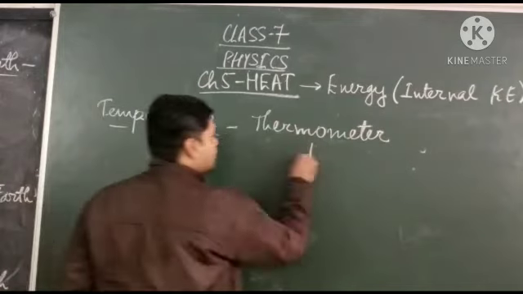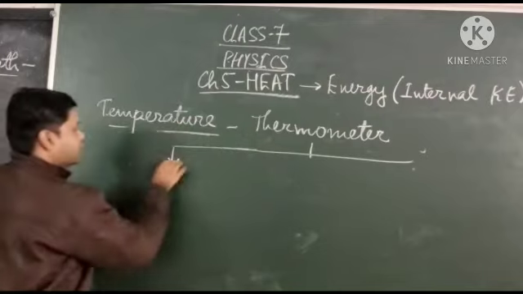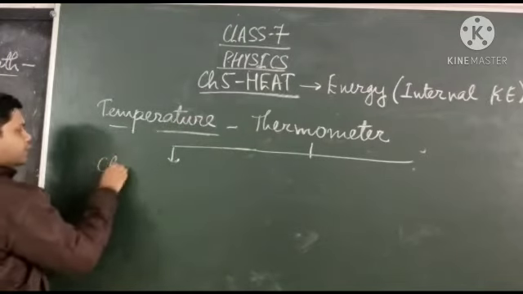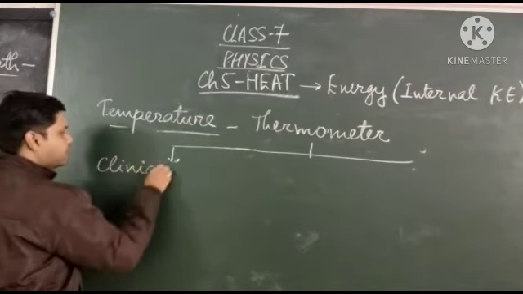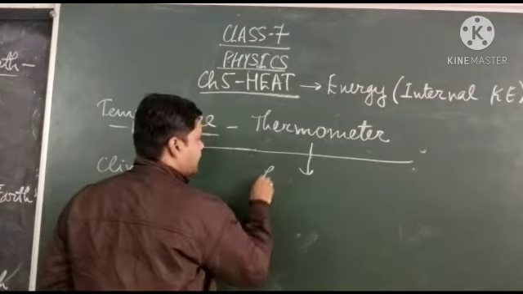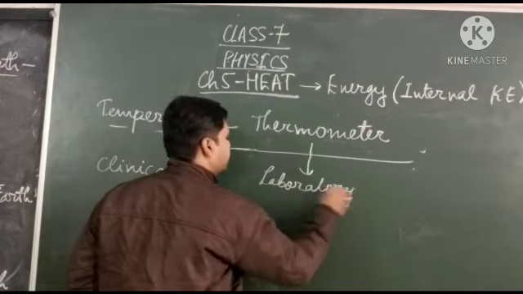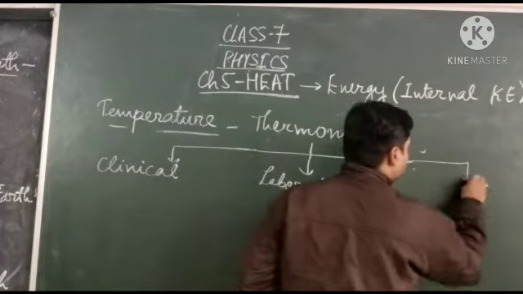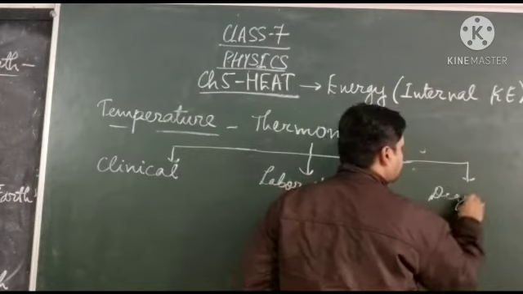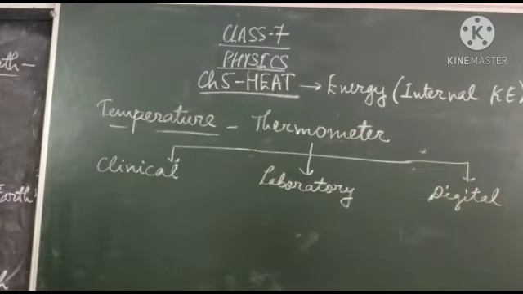Thermometers are of 3 types. What are the 3 types of thermometer? First one is the clinical thermometer. Second one is the laboratory thermometer. And third one is the digital thermometer. These are the 3 types of thermometer which we use in our daily life and we have to study them only.